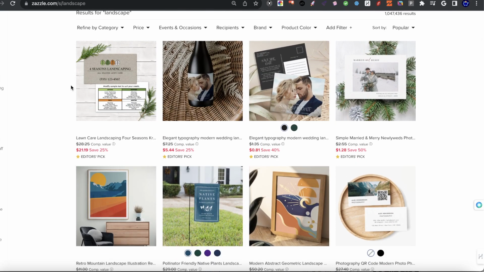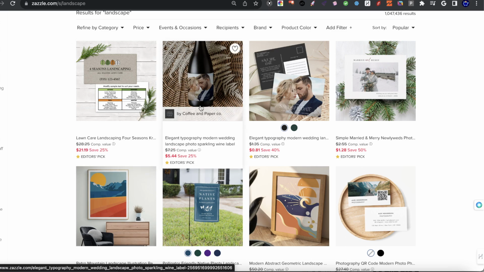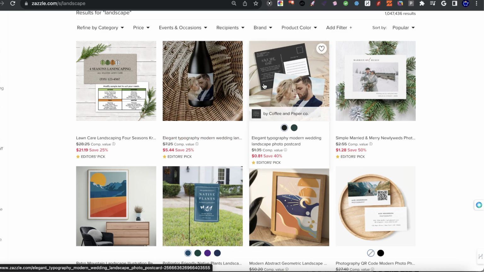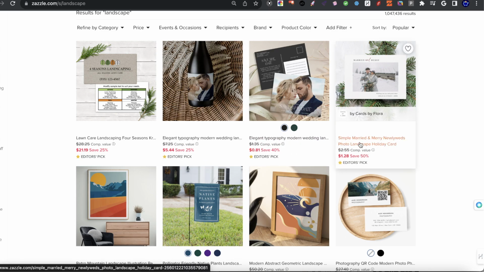You have here a picture of a lawn care landscaping business card, which makes sense for that design to come up. Here we have an elegant typography modern wedding landscape photo for a sparkling wine label. Here we have an elegant typography modern wedding landscape photo postcard, which is pretty much identical to this one here. We have a simple married and merry newlyweds photo landscape holiday card.